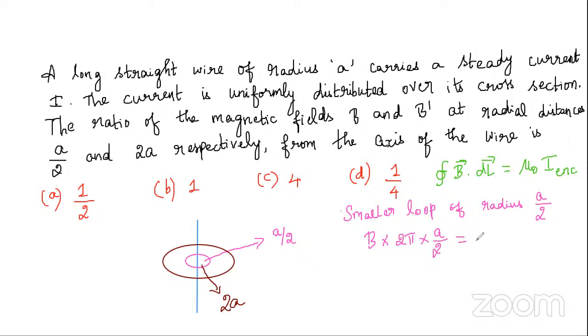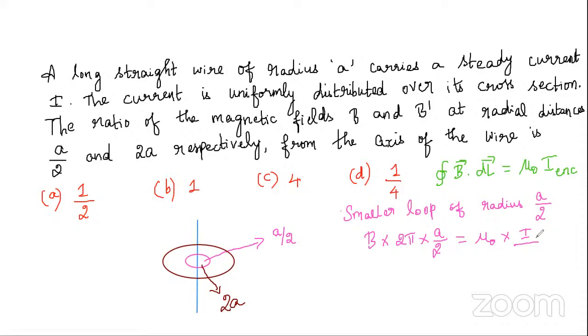This should be equal to mu naught into I enclosed. I enclosed is the current per unit area multiplied by the area of the loop.